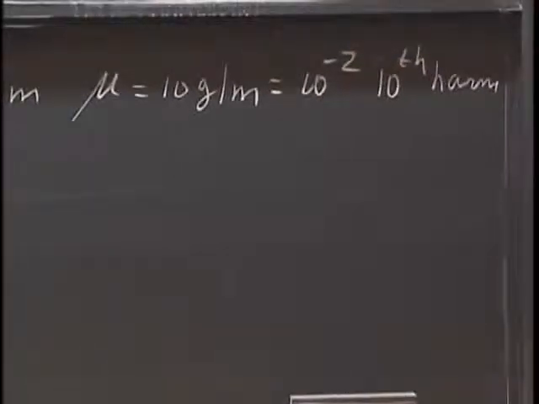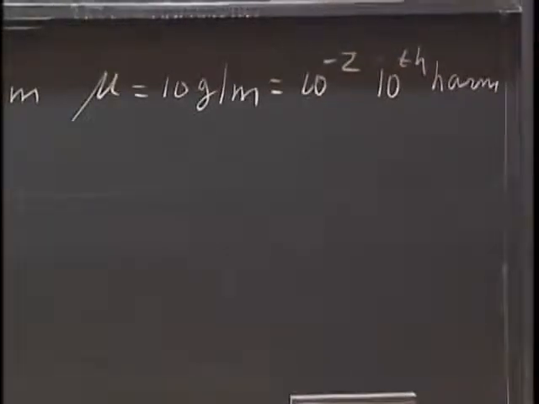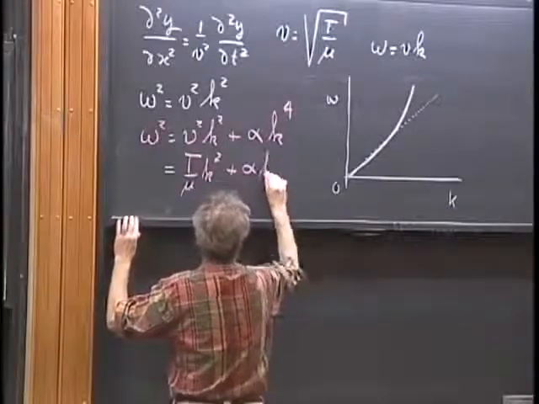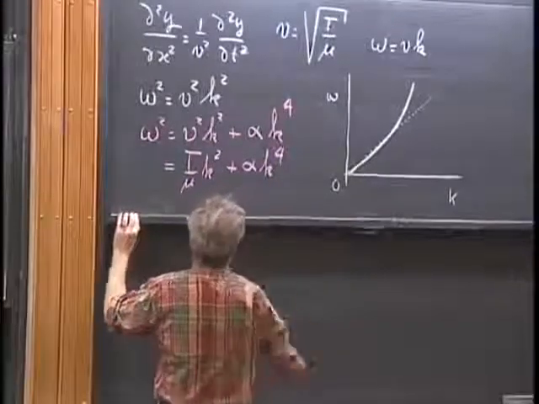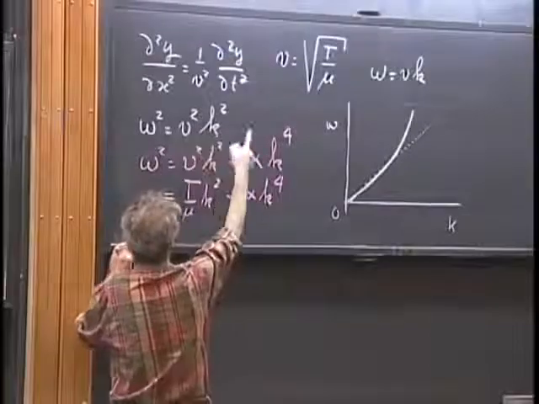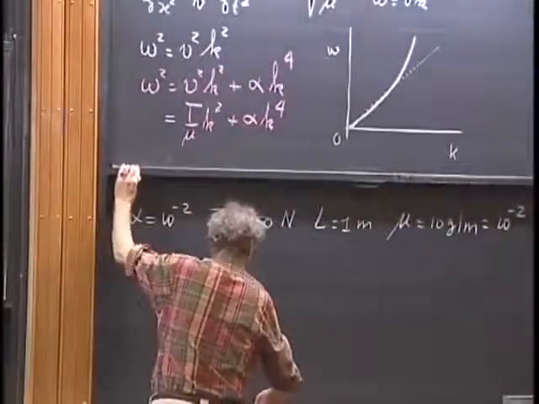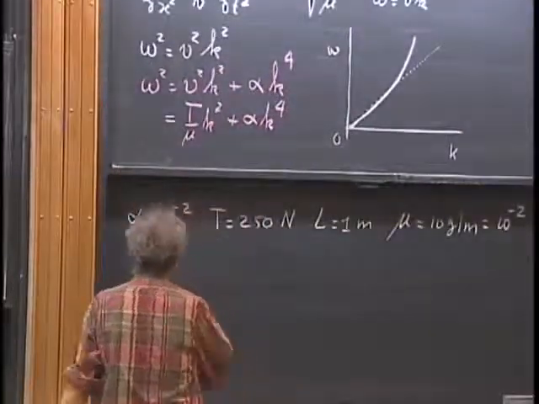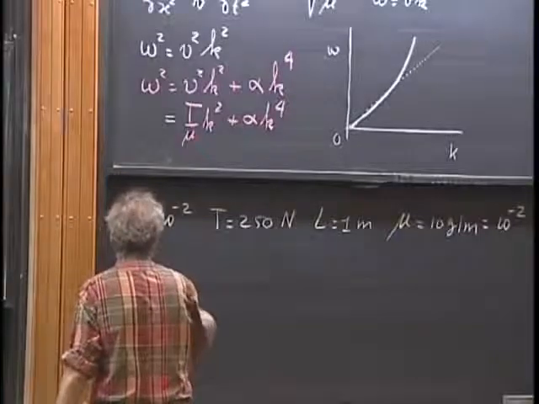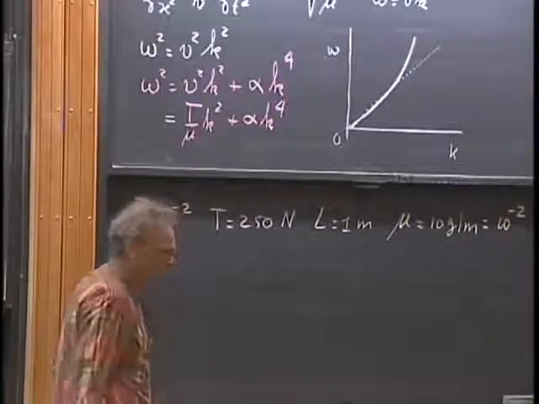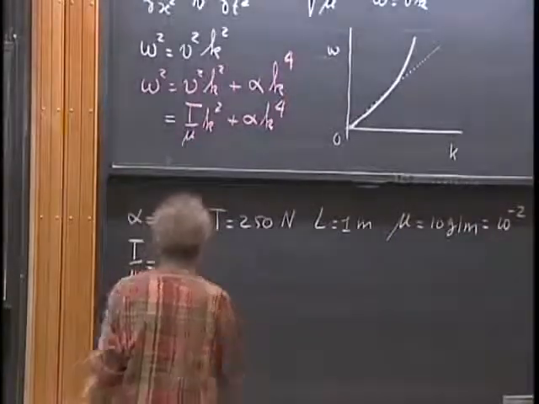Well, omega squared, I will write it down again, is T divided by mu times k squared plus alpha k to the 4th. This V squared, remember, was T divided by mu. So T divided by mu, that's easy enough. That is 2.5 times 10 to the 4th.